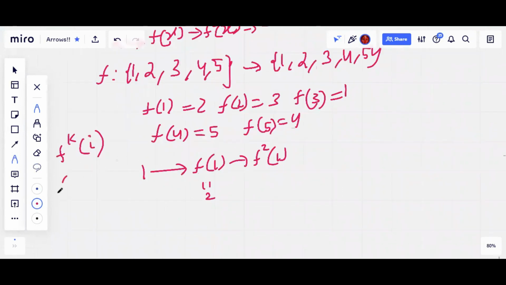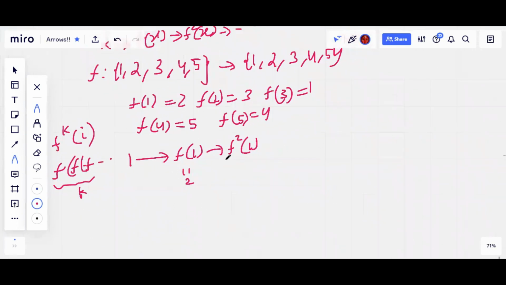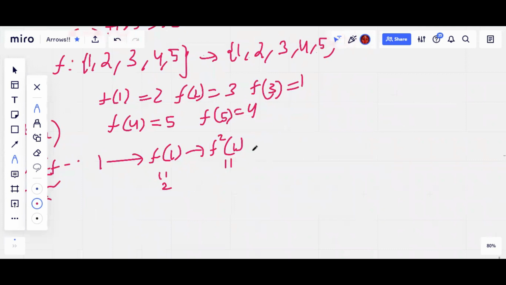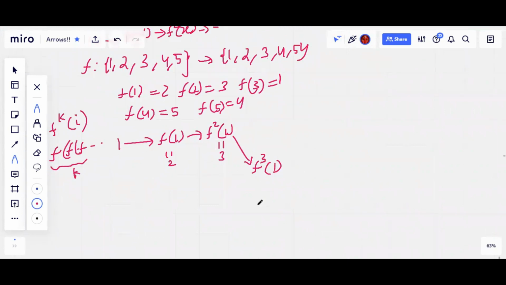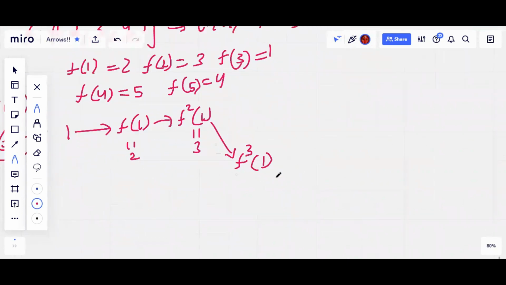It's just f of f of so on, k times. And this is f of f of 1, which is f of 2, which we know is 3. And then we have f of f of f of 1, which is f of 3, and it is just 1.